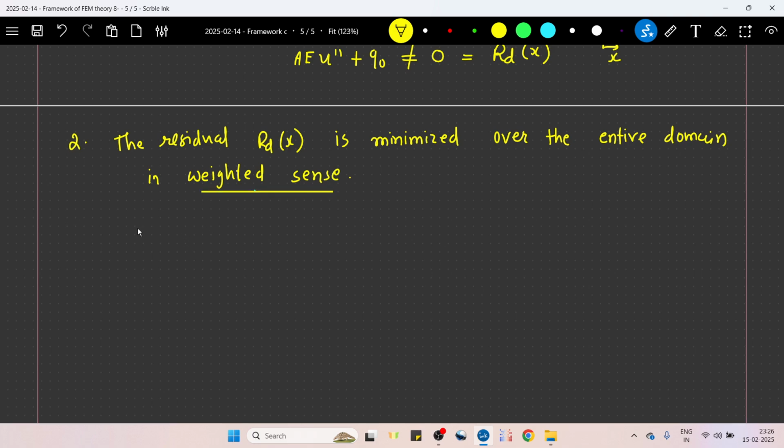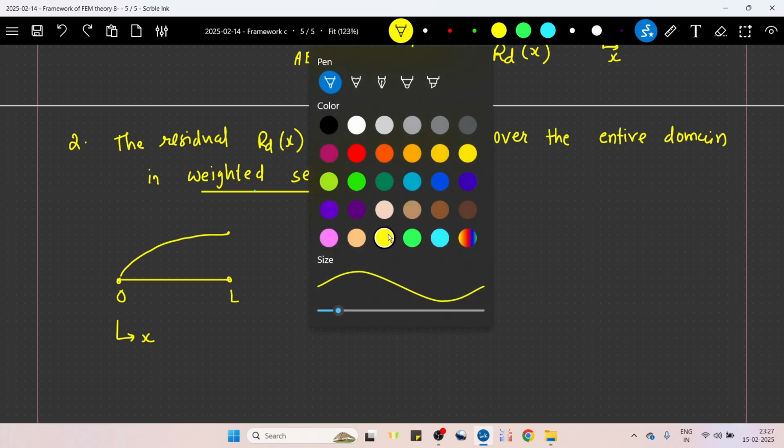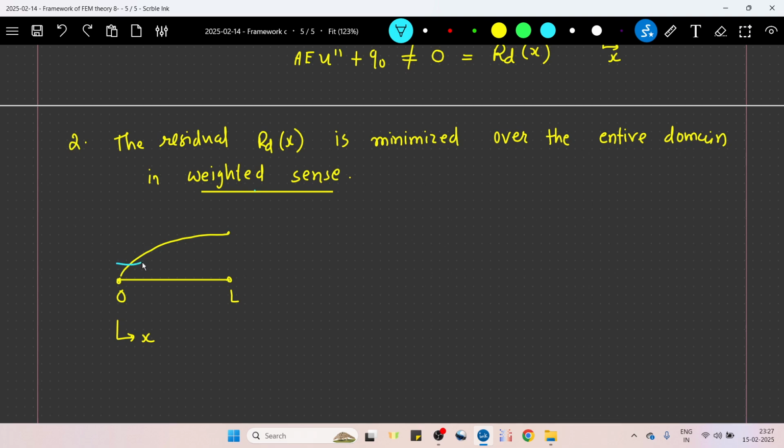Let's try to understand. Let's take our length 0 to L, this is x. This is our exact solution, which is unknown. Now we have assumed a trial function. Let's take something like this, I'll take a different color. This is our assumed function or assumed solution.